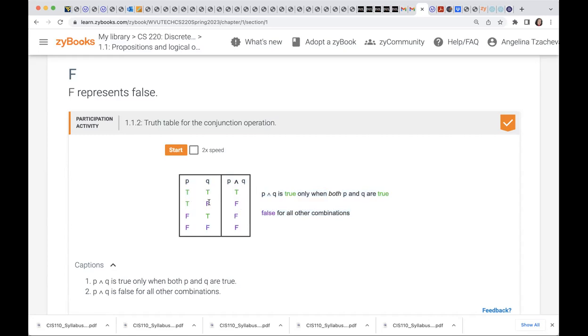So if either one of them is false, or if both of them are false, then the conjunction of them is going to be false. This is the AND operator. AND means that when we combine them together, everything we are combining needs to be true in order for the compound, the composition, to also be true. If any of them are false, then the compound will be false as well.